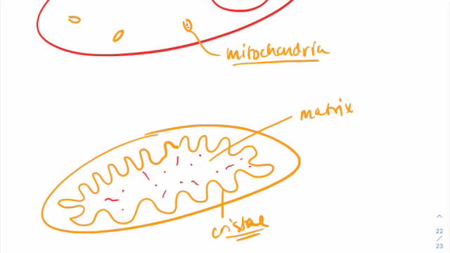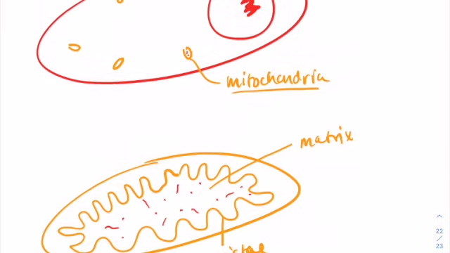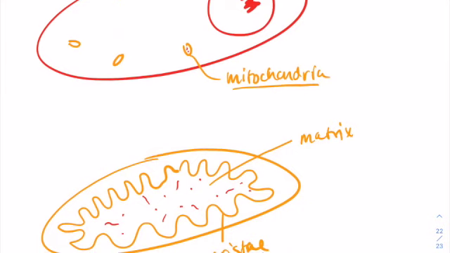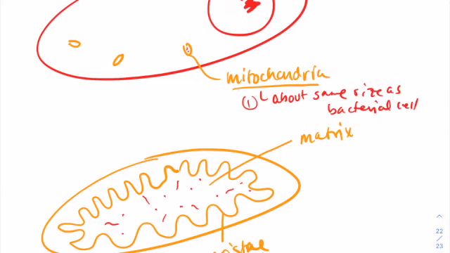Well, people were looking at this going, this is interesting. This mitochondria is about the same size as a bacterial cell. That's one thing. It's got DNA in there, so they sequenced it, and it matches up to general prokaryotic DNA sequences.